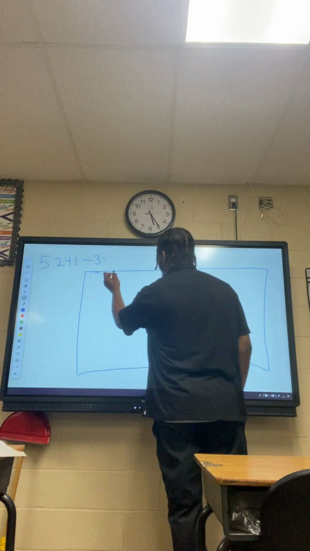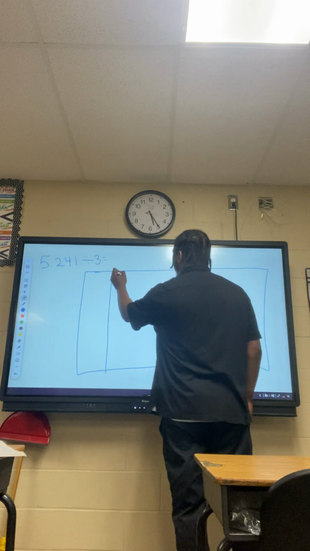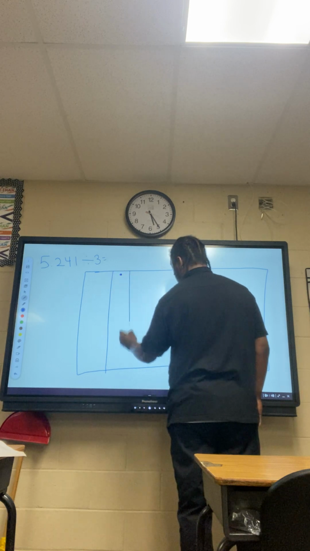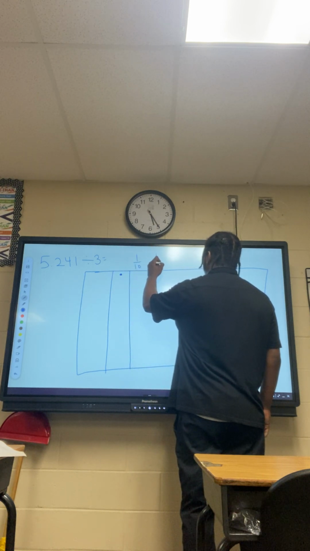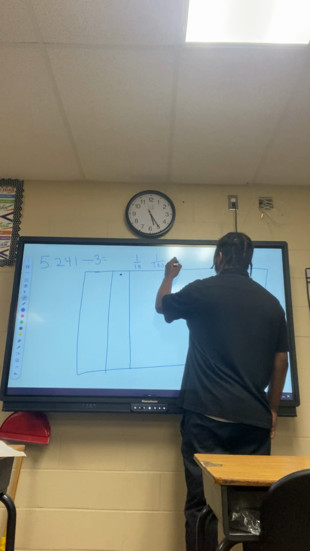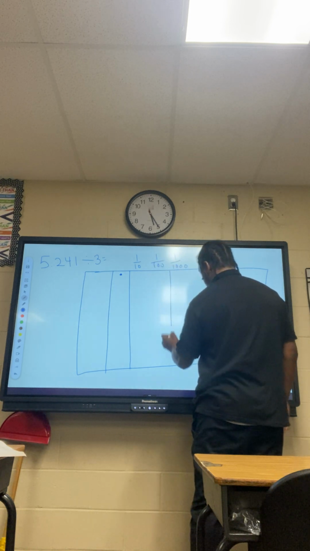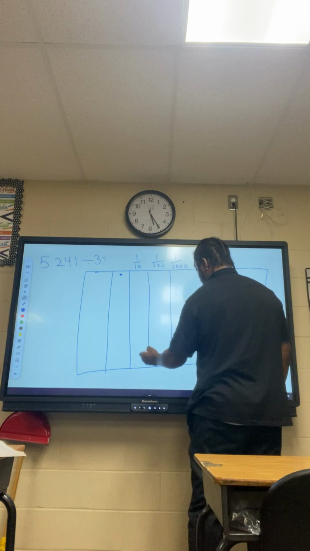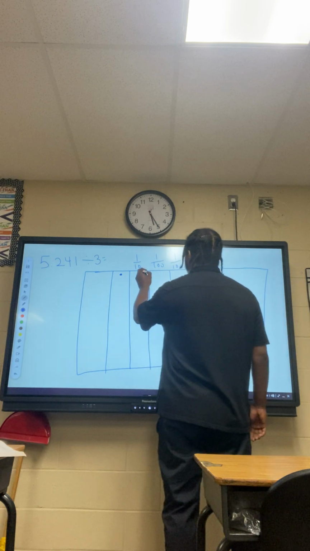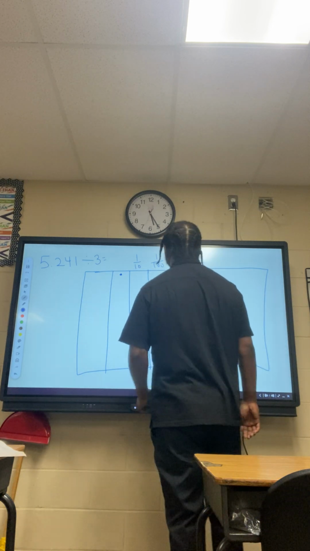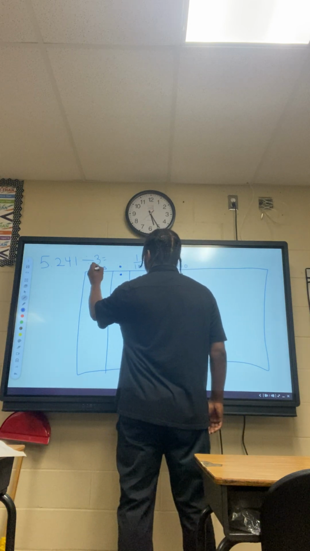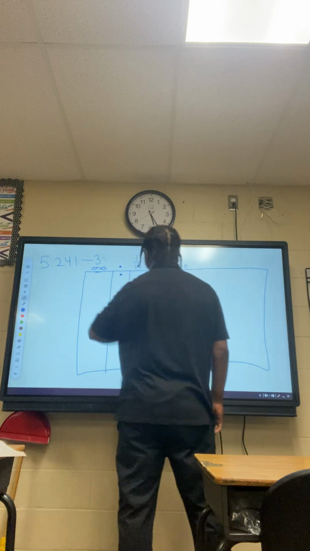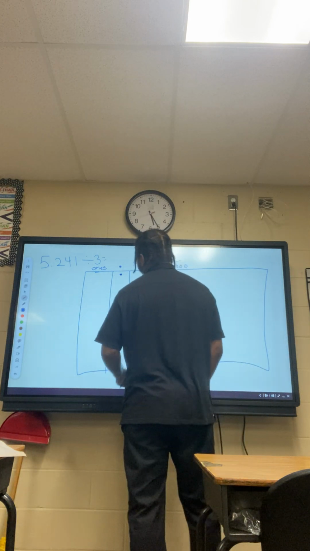We'll start with the ones place, a decimal, 1/10, 1/100, and 1/1000. Okay, so first thing we need to do is put our number in the proper place value, and we're going to draw discs.